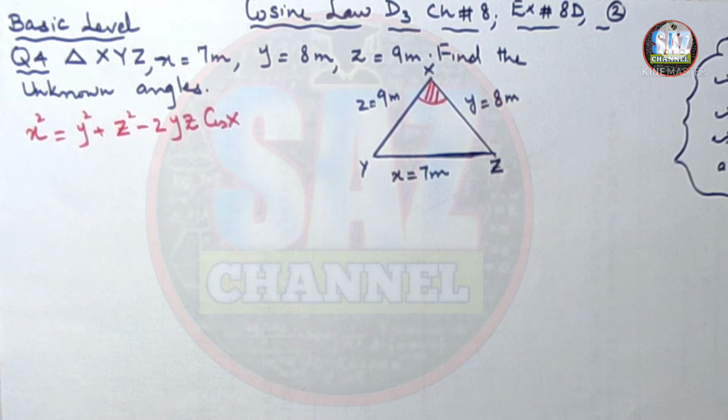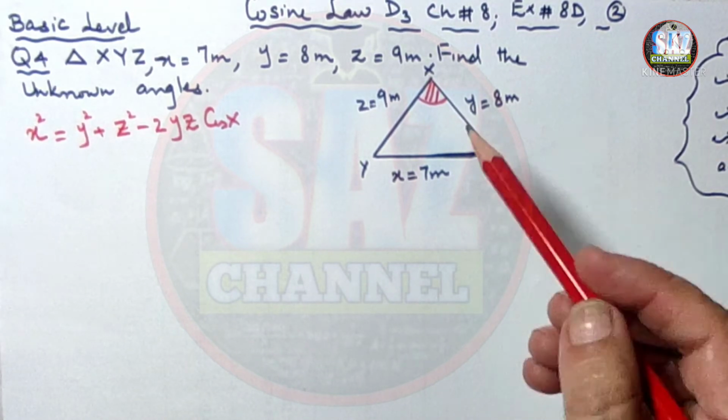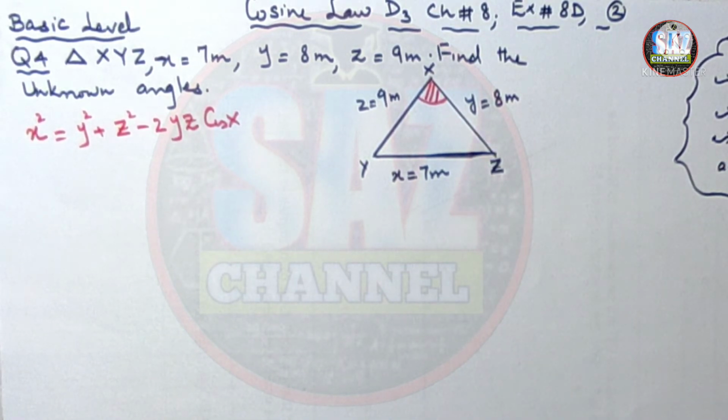Okay, let me reconfirm the values. x is 7 meters, y is 8, and z is 9 meters.